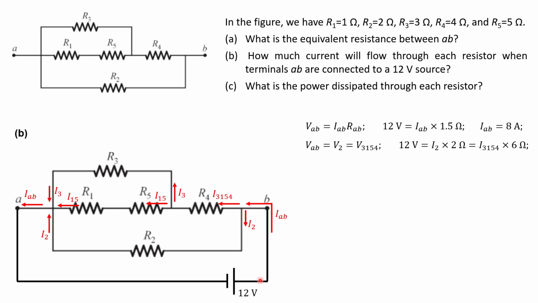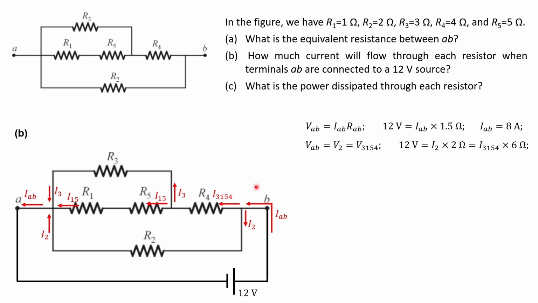Now, we're going to try to calculate currents I sub 3154 and I sub 2. Well, since in this region R2 is parallel to this whole network, the total voltage has to be equal to the voltage drop here, because these resistors are connected in parallel.